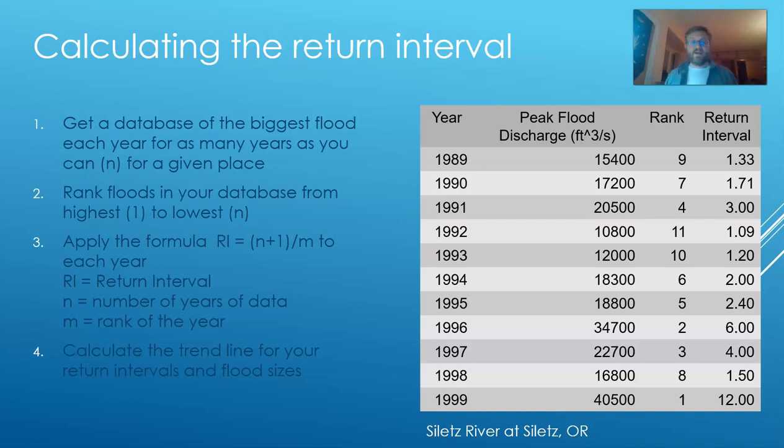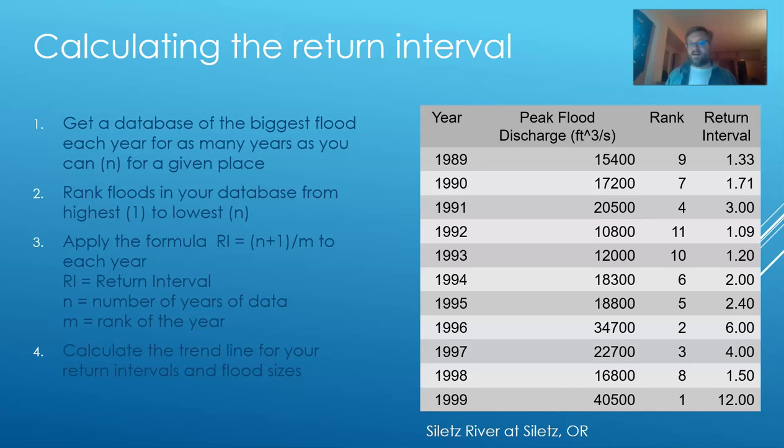Second thing you do is rank these floods from highest to lowest. Your highest flood you call a 1, your second highest a 2, etc., down to whatever your last rank is. In this case, we have 11 years of data, so the year whose highest flood was the lowest out of all these years gets an 11. You can see that if you look at those numbers. The peak flood in 1999, that was 40,000 cubic feet per second.